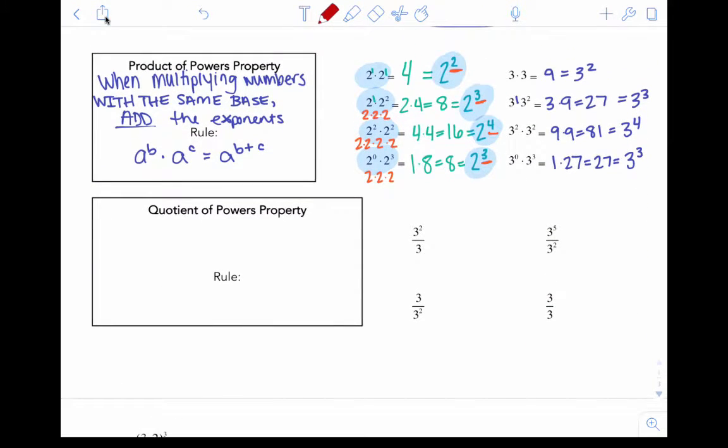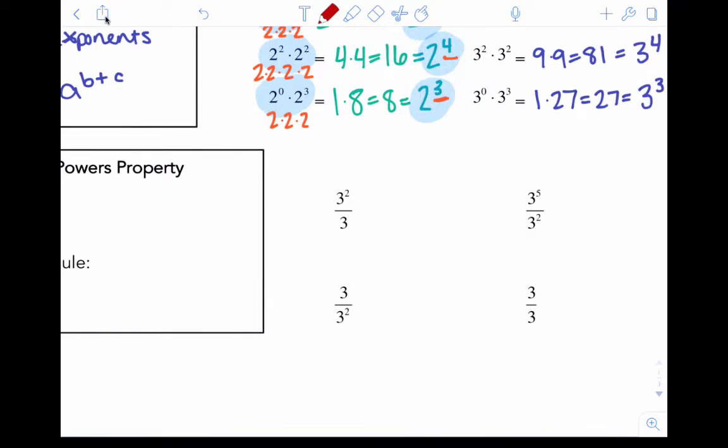We have quotient of powers. So this one's going to be very similar to the product of powers, except this time we're dividing instead of multiplying. And so you can take a guess at what we're going to do instead of adding. Well, let's go ahead and try this out. I have 3 squared divided by 3. That's the same as 9 divided by 3, which equals 3.